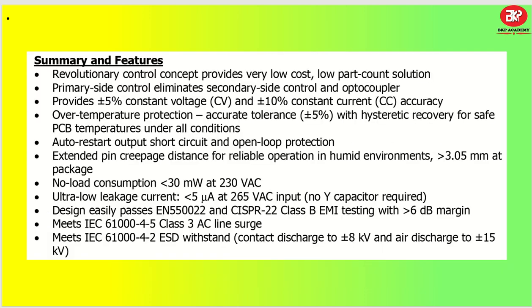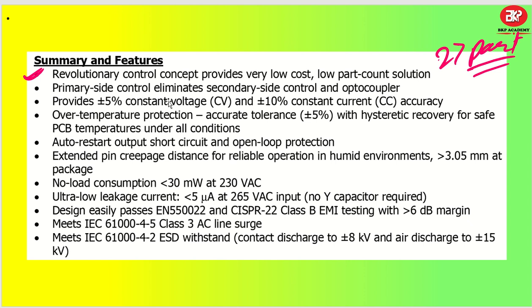What are the different features of this particular device? It is a revolutionary current control, which provides a very low cost and low part count solution. This is going to have around 27 parts max, so with only 27 to 30 parts you are going to design your complete charger.